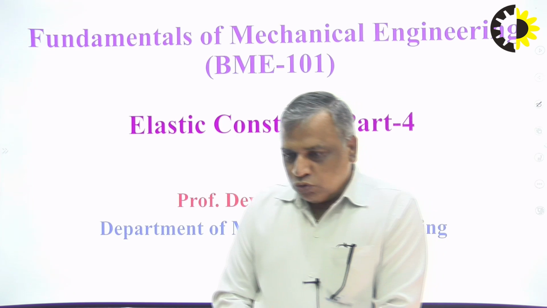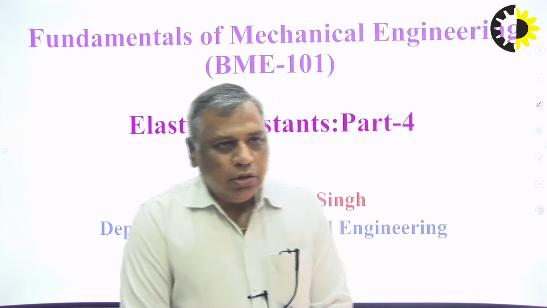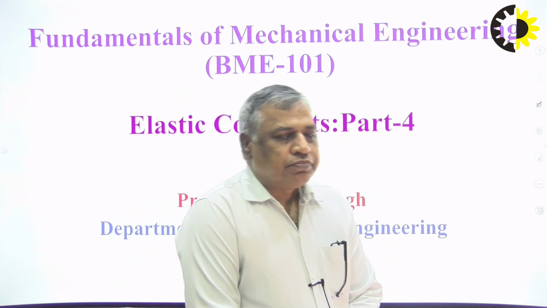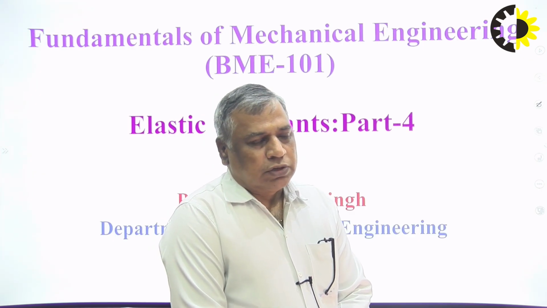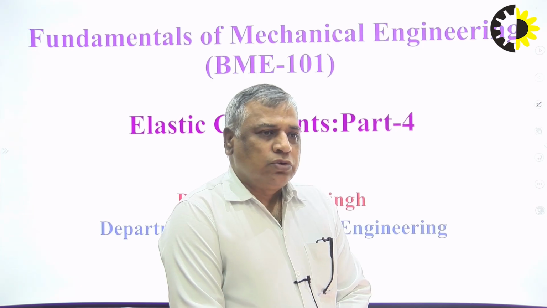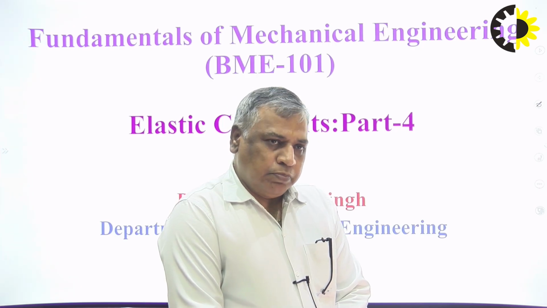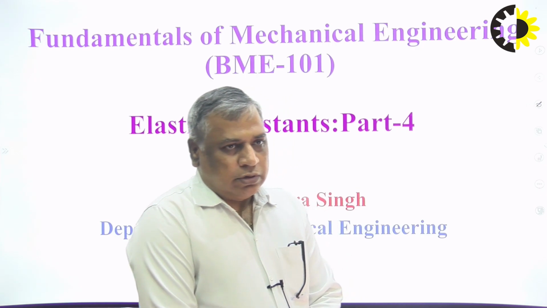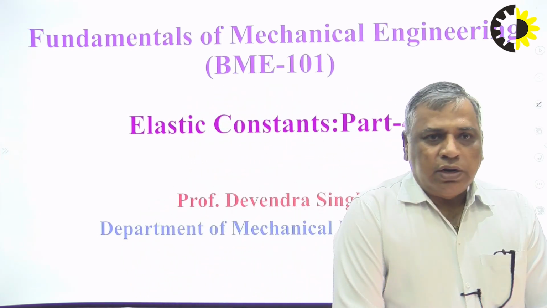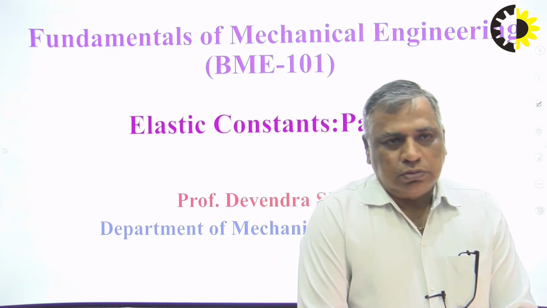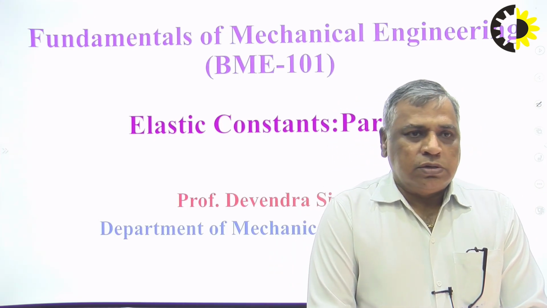To determine nu, we must recall the relationship between modulus of elasticity and modulus of rigidity, that is E is equal to 2G(1 plus nu). That relation we applied in that very first problem, where E and G were known and nu was determined.